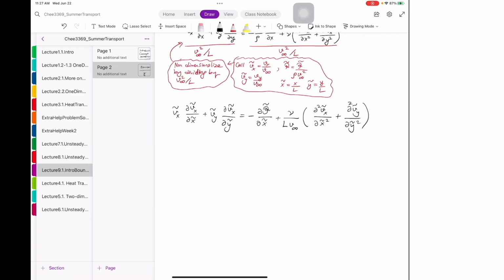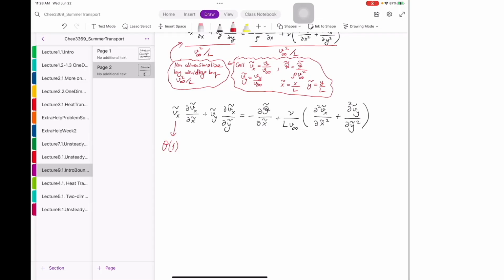No? Okay. Now we're going to do an order of magnitude estimation. As you can see, Vx tilde is in the order of 1. This fancy O means in the order of. In the order of 1 means Vx is in the order of V infinity, so Vx divided by V infinity is going to be something close to 1 for our equation.